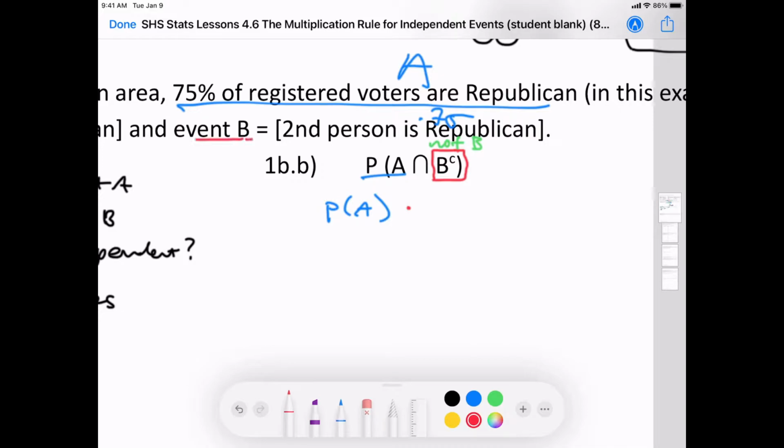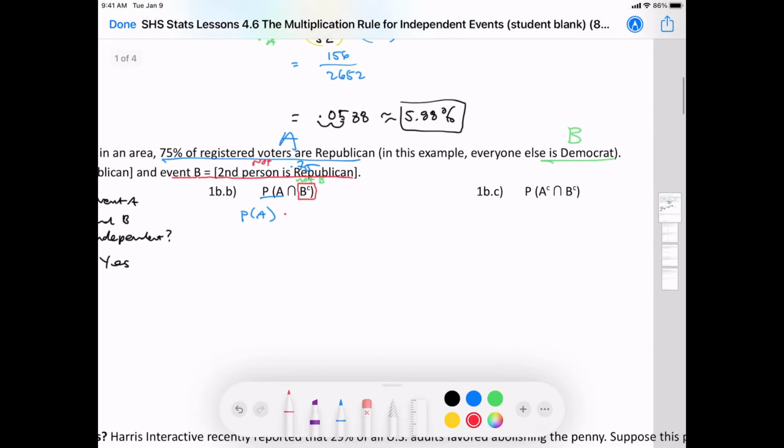Well, here's event B up here, and it's saying not this. So not Republican, this would be a Democrat. And if this is 0.75, that means this has to be 1 minus 0.75, which gives you 0.25. So this would be the probability of not B.